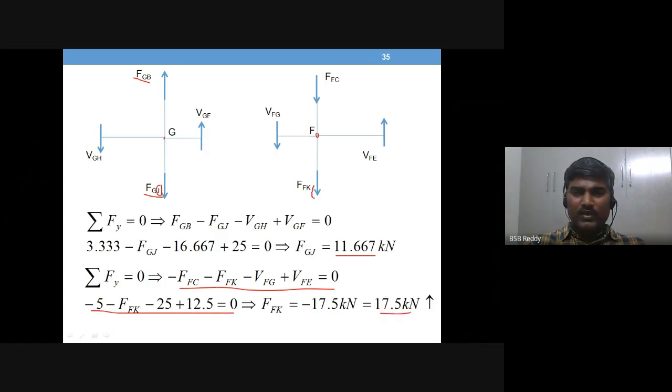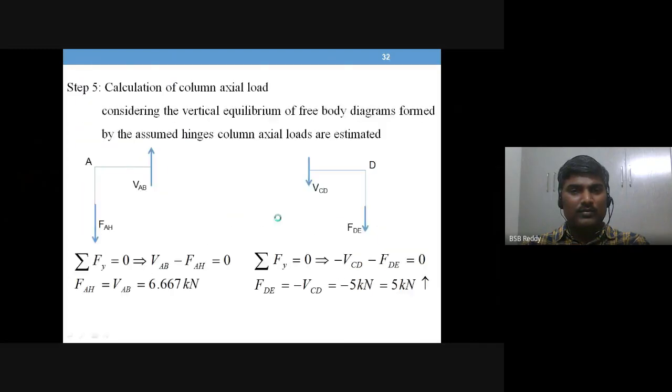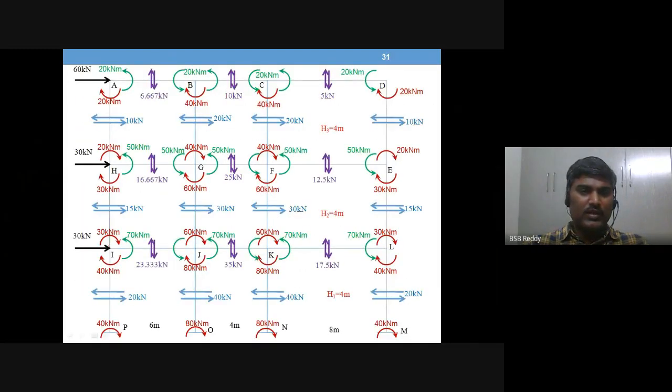So this is the downward arrow that you assumed, but it should be reversed, upward. Then the bottom joints like I, L, all that. Joint I, joint L, very similar.